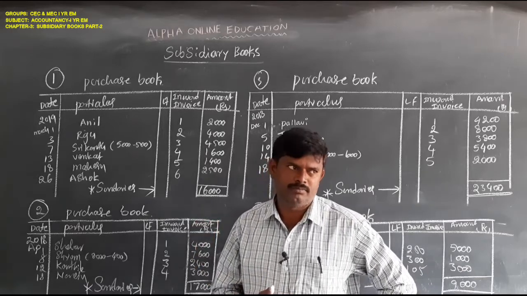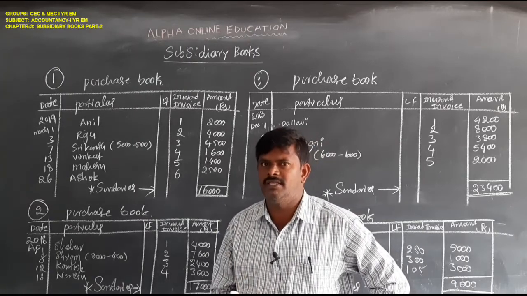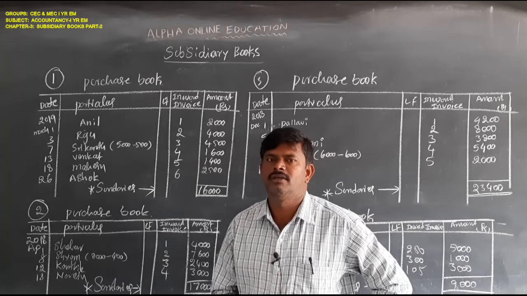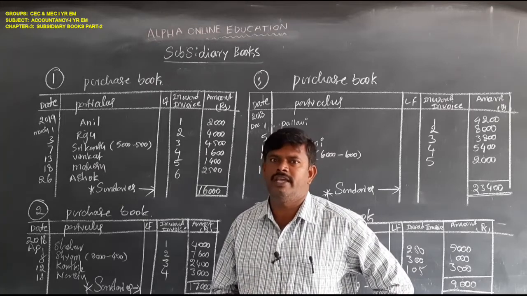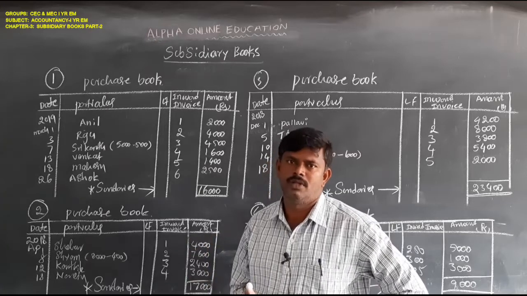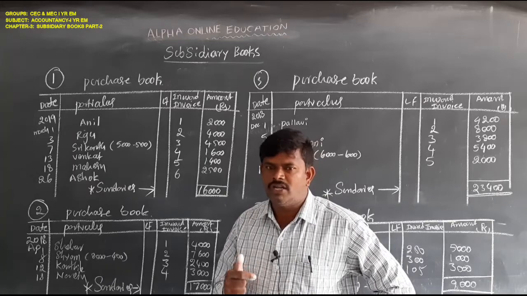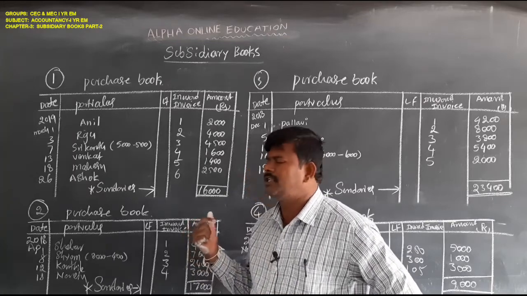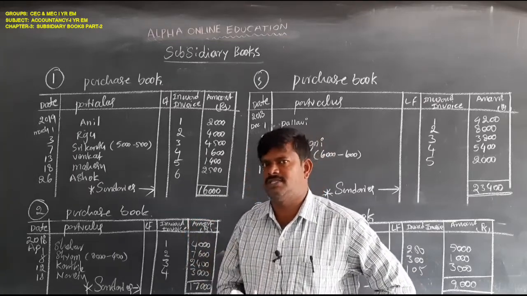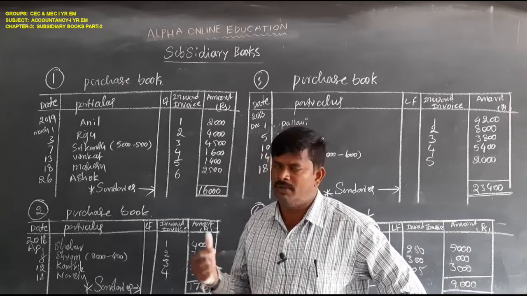Sometimes maybe Raghu sold goods to us. Raghu is selling, but ultimately we are purchasing. That is also treated as a purchase and will be recorded in the purchase book. Other transactions are not taken into the purchase book: cash purchases, and goods or assets not on credit. Only when goods are purchased on credit basis will it be taken into the purchase book.